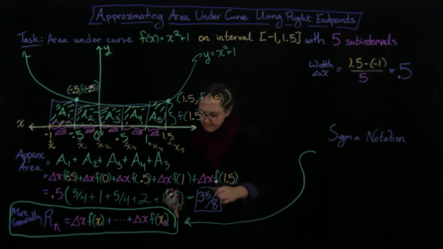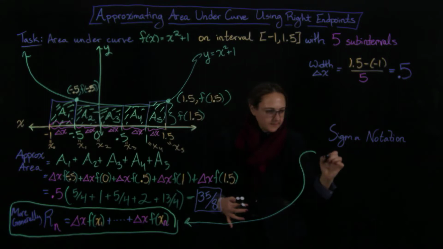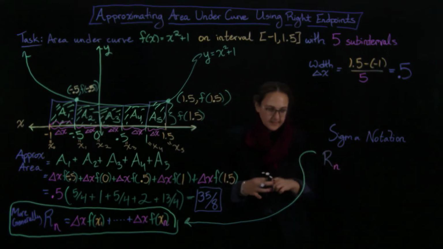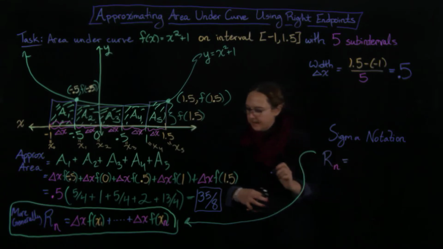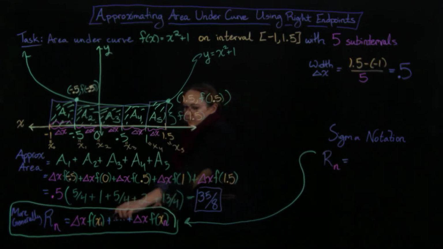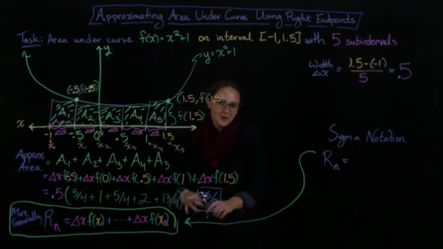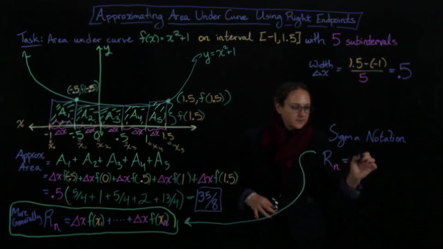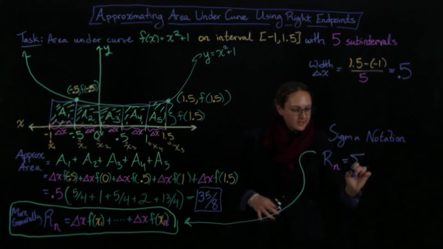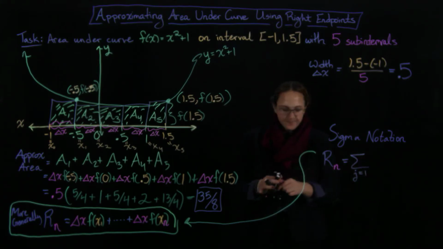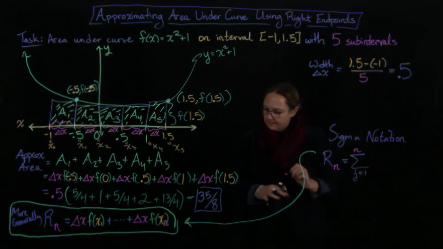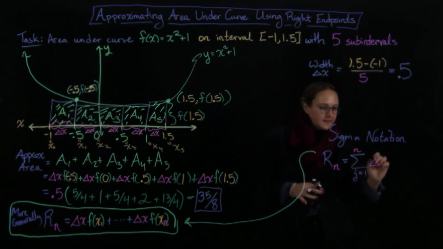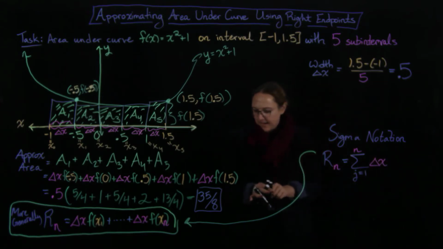And for that, right, we have that R n is going to equal, and now notice that we go from 1 to n, so we don't need to go xj minus 1, we can just do xj, right? So we can go the sum from j equals 1 up to n of this delta x times f of xj.